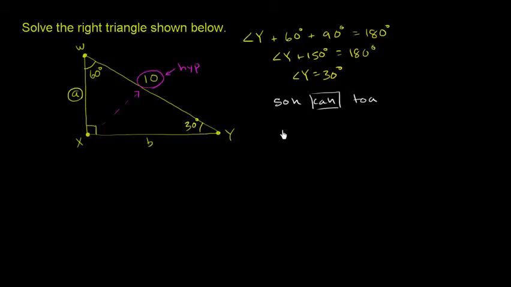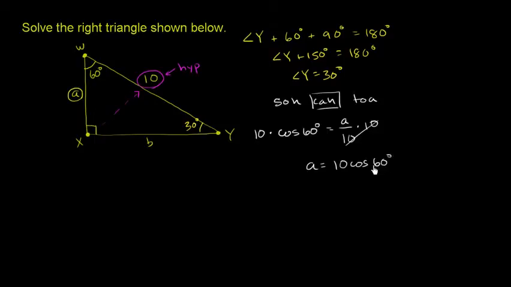So we can write cosine of 60 degrees is equal to the length of the adjacent side, which is A, over the hypotenuse, which is 10. And if we want to solve for A, we can just multiply both sides times 10. And we're left with A is equal to 10 times cosine of 60 degrees.